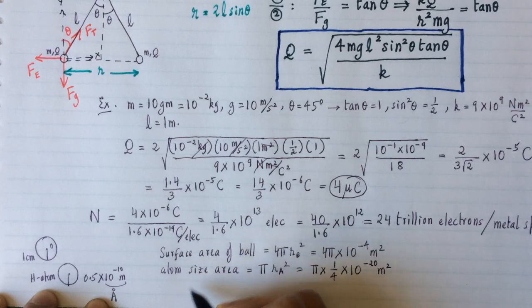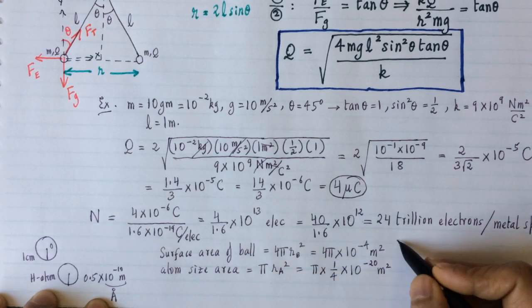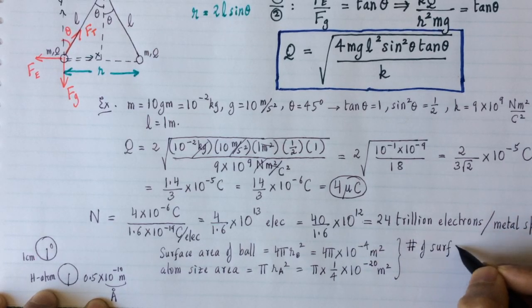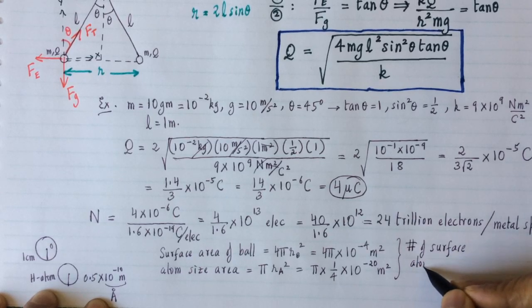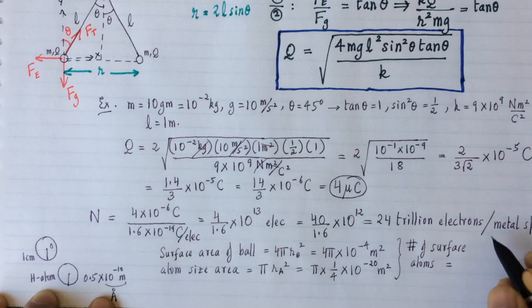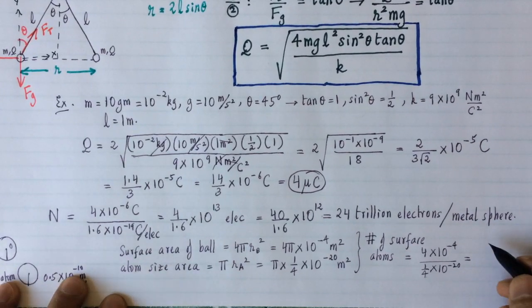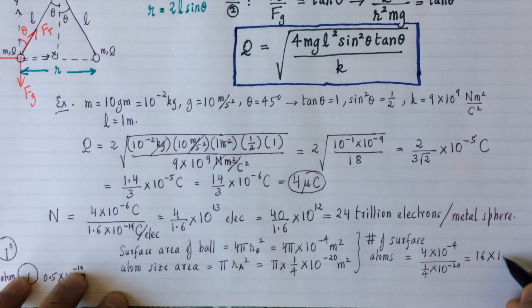So the number of surface atoms that I have, I'm just going to divide the area of the ball by the area of the atom's cross section. So the pi's will cancel out. So I'm going to get 4 times 10 to the minus 4 divided by 1/4 times 10 to the minus 20, which is 16 times 10 to the 24.